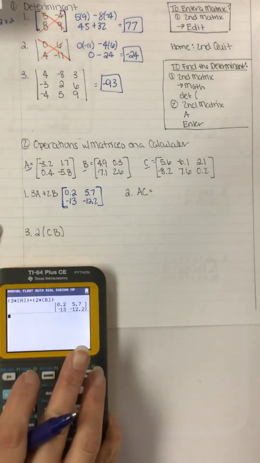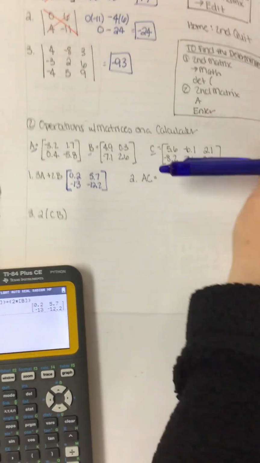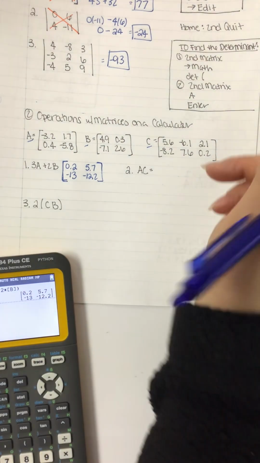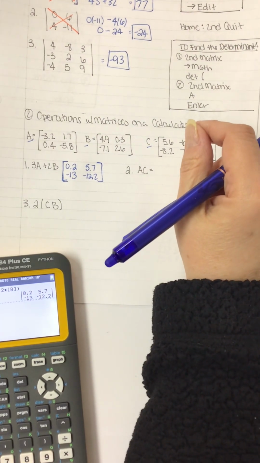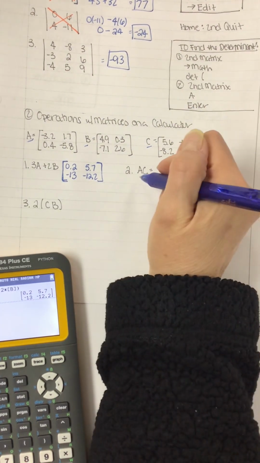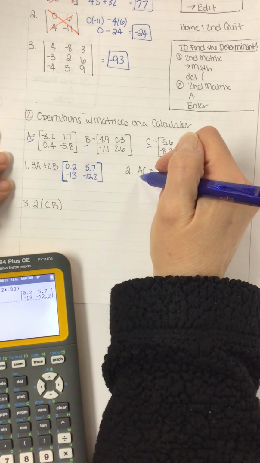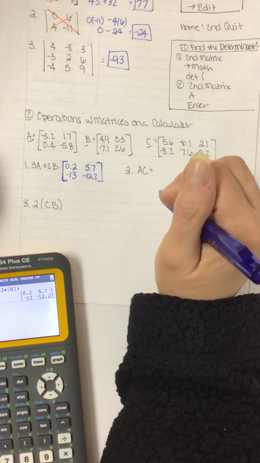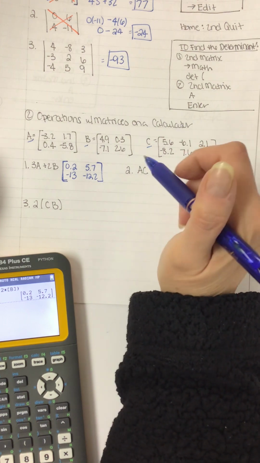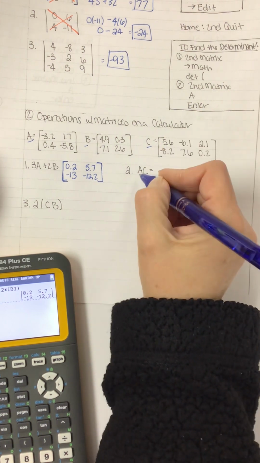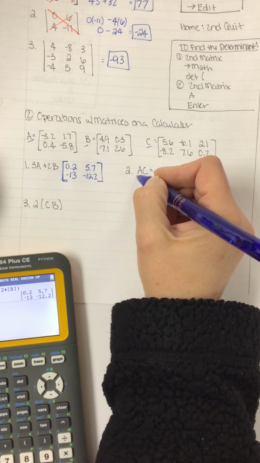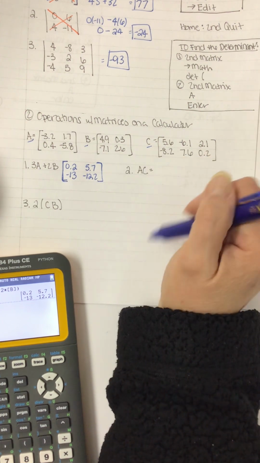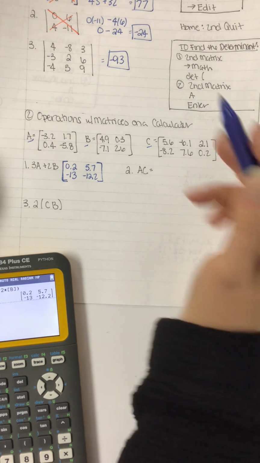All right, let's look at number 2. What do we do on number 2? First of all, if you were to multiply these by hand, what do we have to know? Remember, that's where you multiplied the whole row times the whole column? Yeah? That was a lot of work, right? Multiplied the whole row times the whole column on each element, yeah?